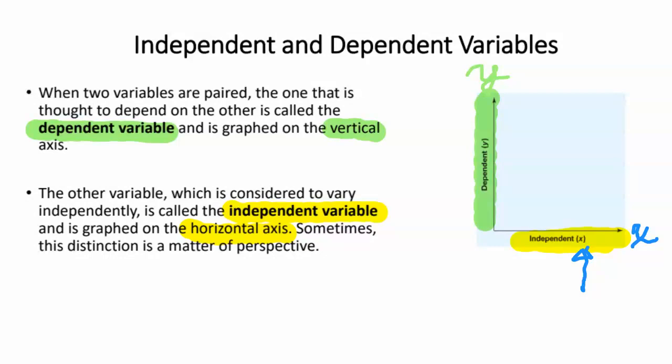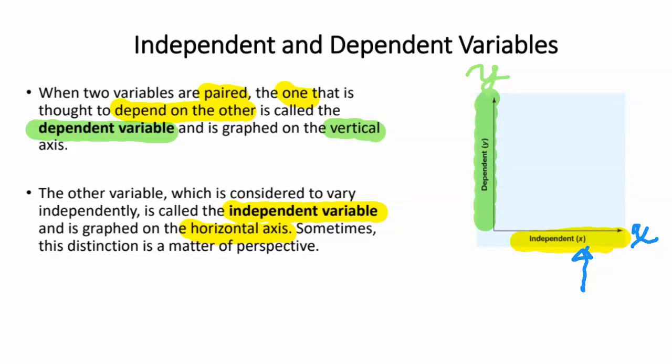Now, 2 variables which we just saw, the x and the y, are always going to be paired. That is part of graphing. But it is thought that one depends on the other. One depends on the other.